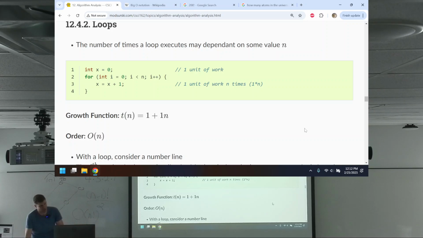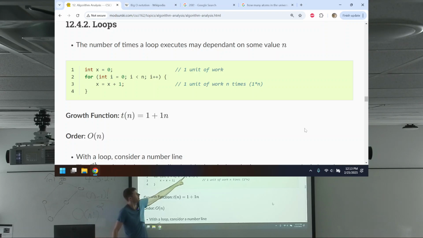Now, loops. There's no trick to it other than knowing what a loop is. So, how much work is happening here? Well, I have 1 unit of work here, and this right here, line 3, is 1 unit of work. However, the number of times that 1 unit of work runs is variable based on n. Here I use the variable n.